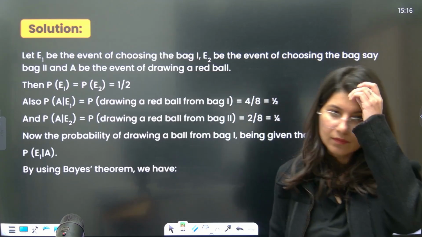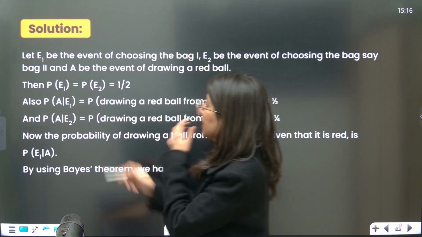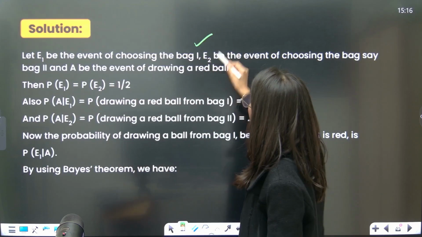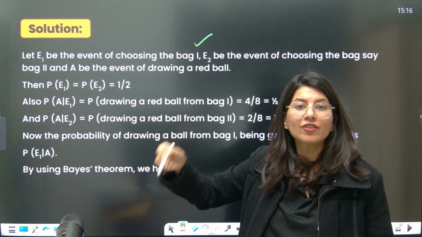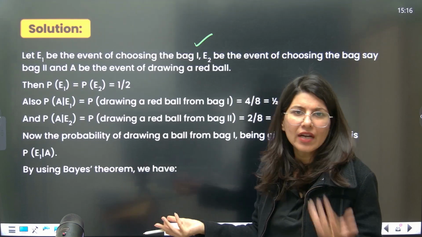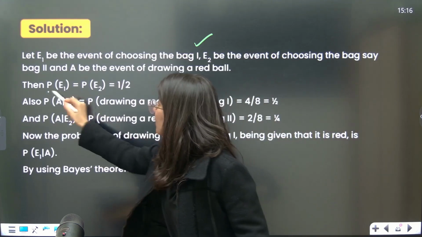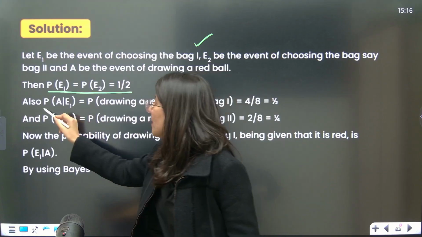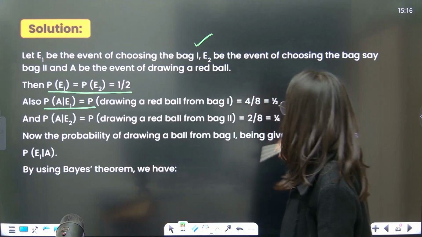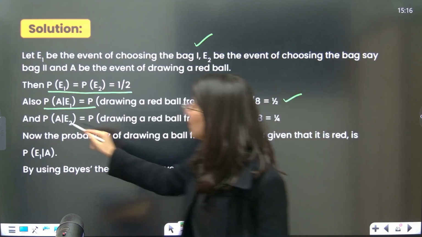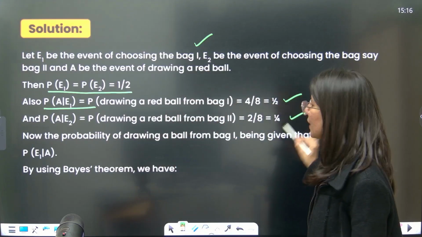Okay. So first of all, E1 is the event of choosing bag 1, E2 is the event of choosing bag 2. A is the event of drawing a red ball. You can mark it as R as well. Probability of E1 and E2 both are half. Probability of red ball coming from E1 is 4 by 8. Probability of red ball coming from E2 is 2 by 8.